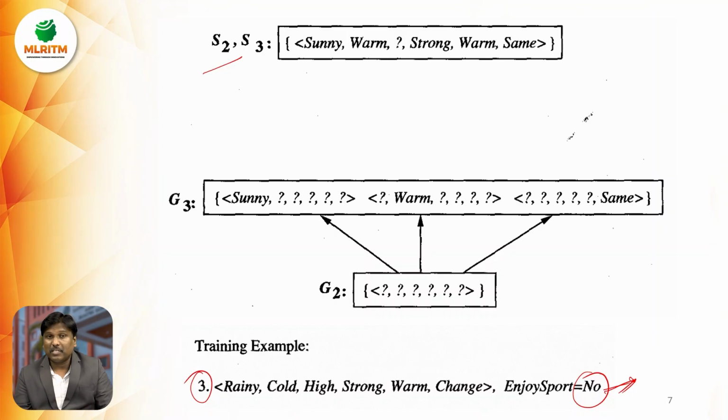Why? Because the specific hypothesis, just like our Find-S algorithm, considers only positive training examples. So whenever a negative example occurs, the hypothesis isn't updated, altered or changed. The same hypothesis is repeated. So I note down that S2 and S3 are the same.